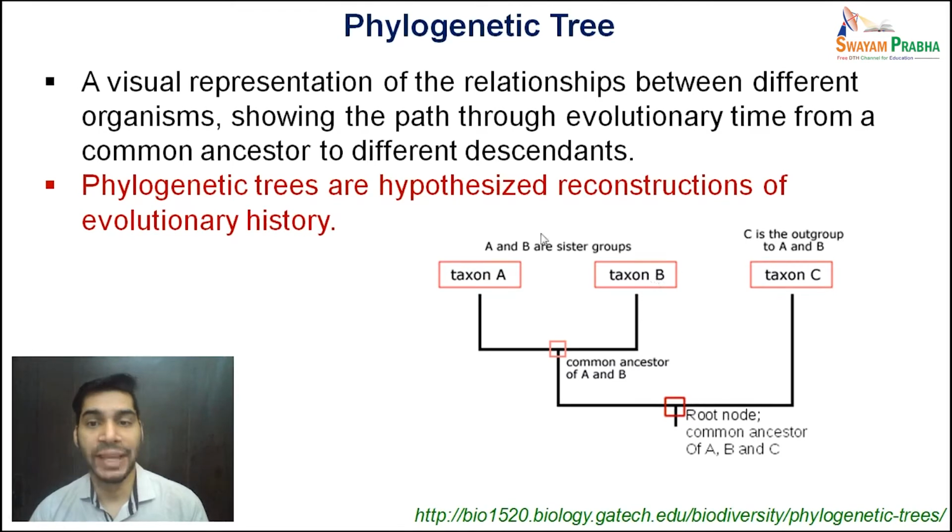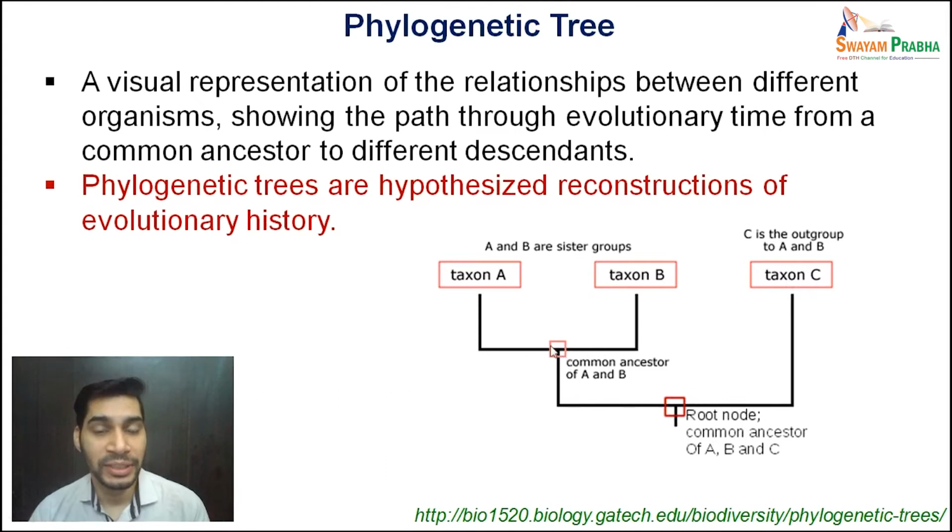Now, one example of a phylogenetic tree has been shown here. Here you can see there is a root node which represents a common ancestor for these three different taxa, which are A, B and C here. From this there is a bifurcation which is leading to taxon C, which is acting as an outgroup for taxon A and B. So from this divergence C got separated.